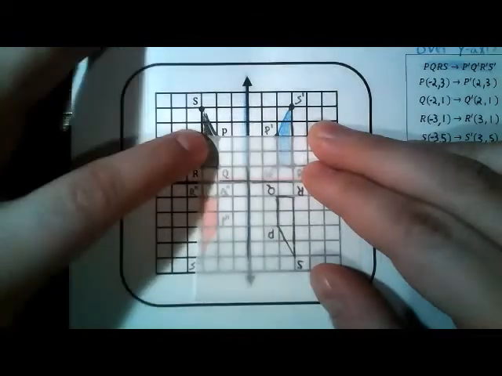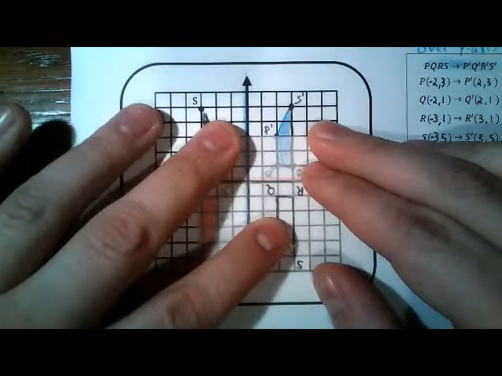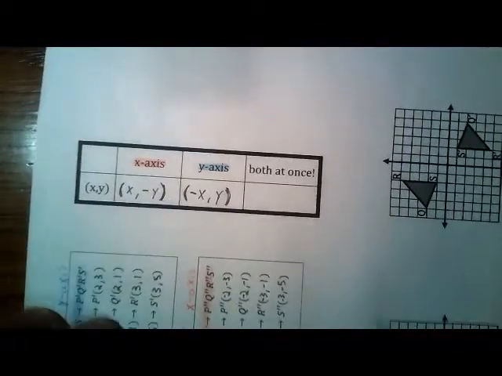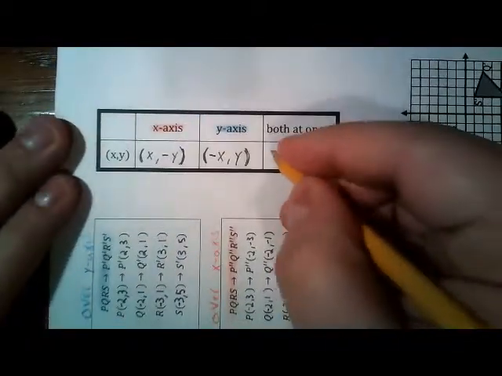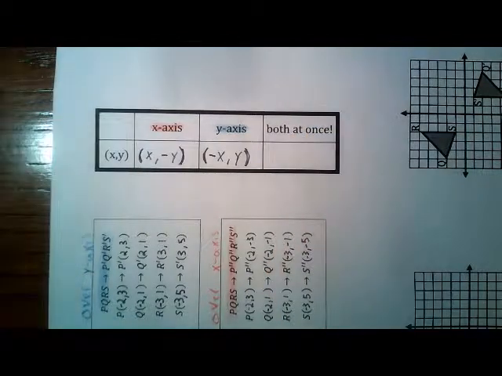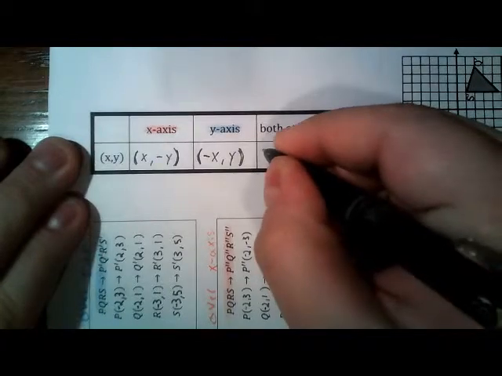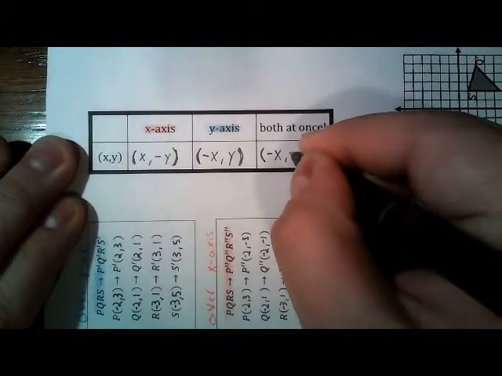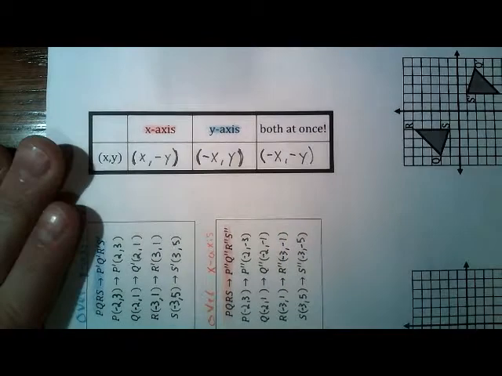So really from going here to here, everything changes its sign. So we don't really even have to do this reflection. We're just going to state that when you do both at once, both the x and the y will change sign.